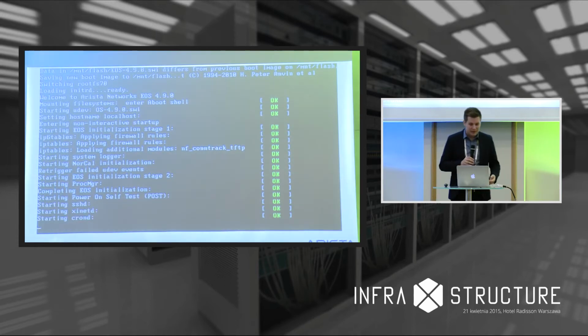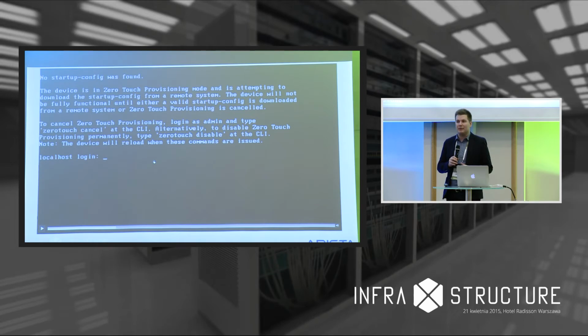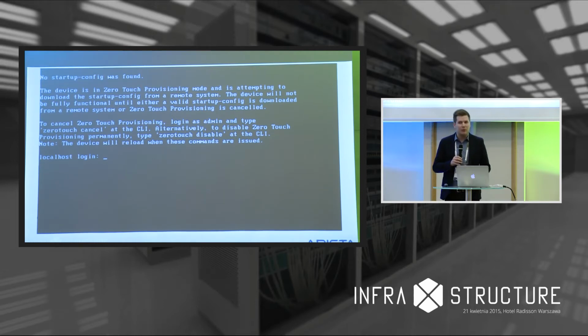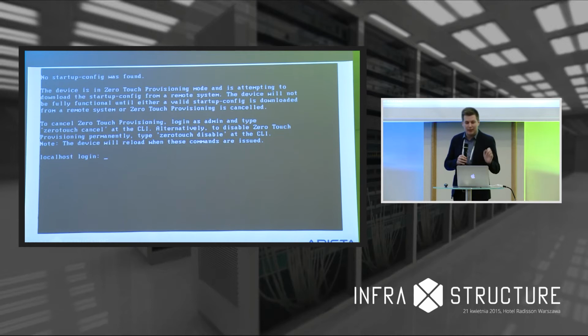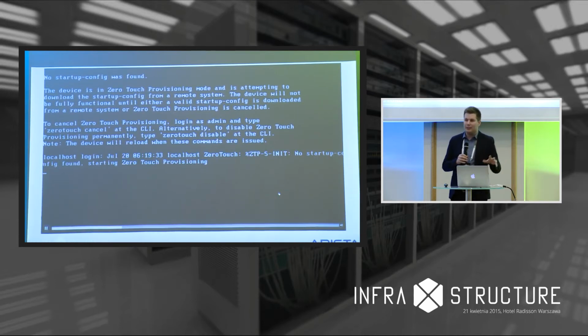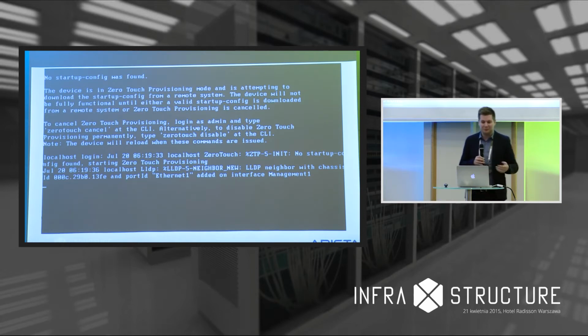While I just wait for the device to boot. Here we go. You will see here, no startup config has been found. If no startup config has been found, then we go into the zero-touch provisioning mode. What we're doing is sending out that DHCP request on all ports, and that DHCP request will continue to be sent until it receives a response with a server it can connect to.